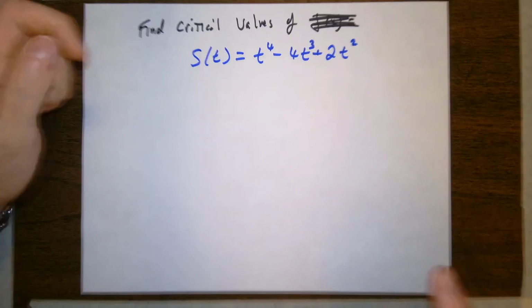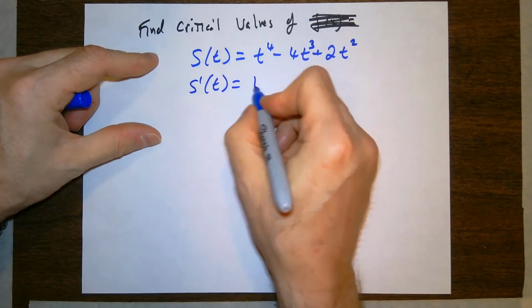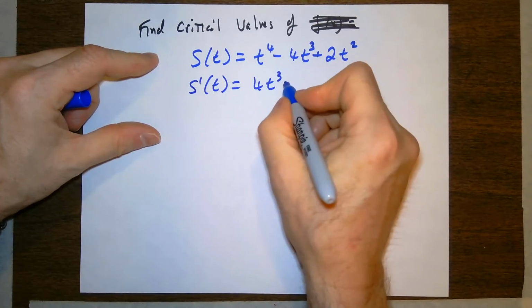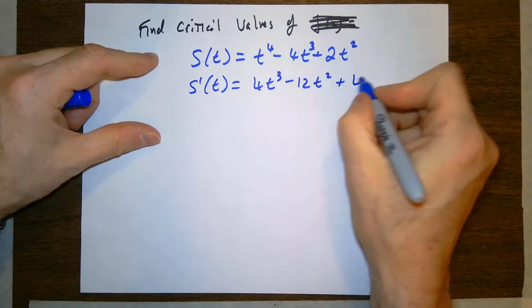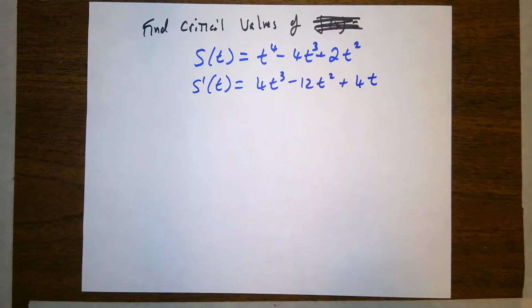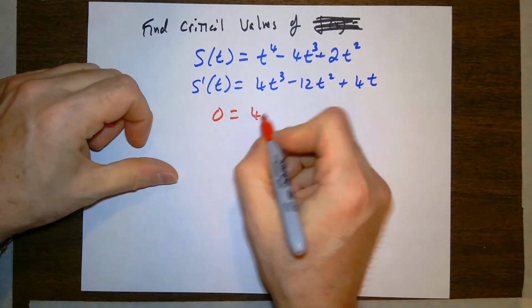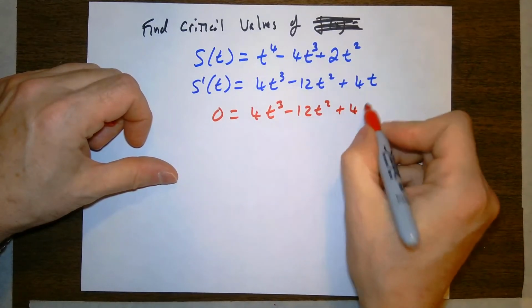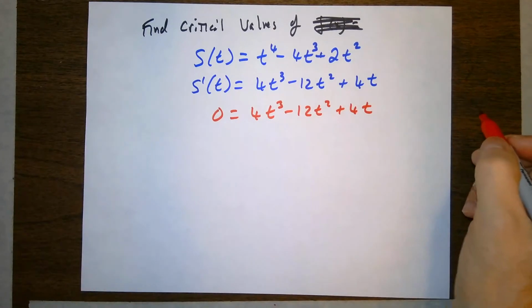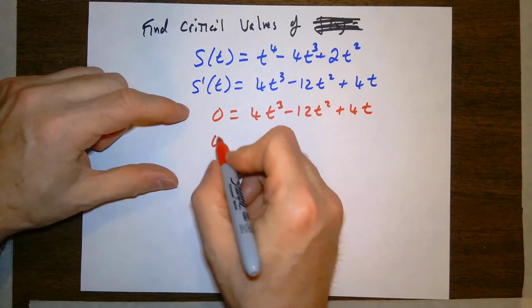And of course, the first thing I want to do is find the derivative of the function: 4t cubed minus 12t squared plus 4t. And then I want to set the derivative equal to 0. 4t cubed minus 12t squared plus 4t. I noticed that I can factor out a 4 and a t.